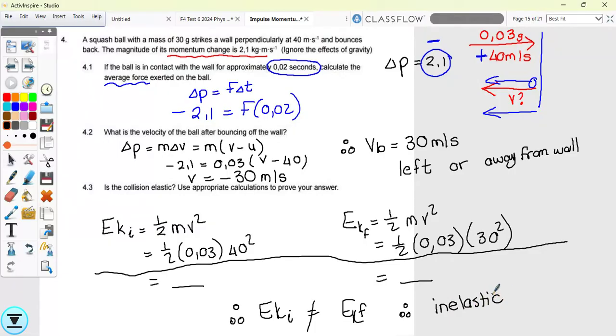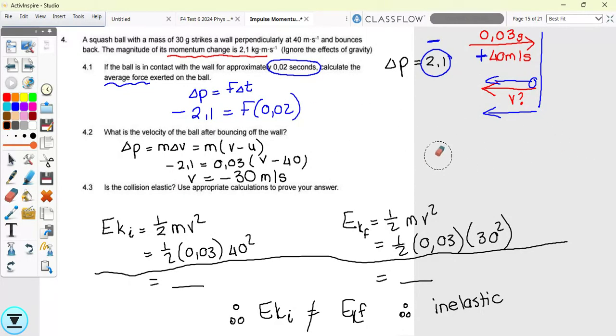But now this is the one I want to show you, so you can ask your teacher and see what they come up with. Because now if you look at this one, and we look at the momentum before, so the momentum initial, let's make it mu, is equal to 0,03 times 40. So that gives you an answer.